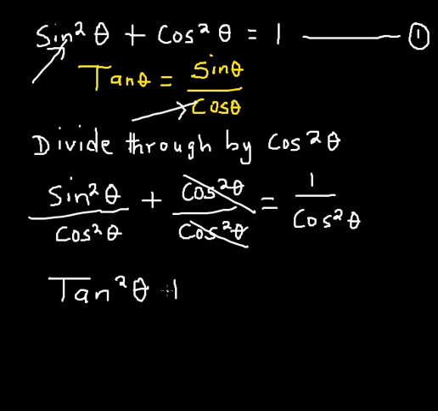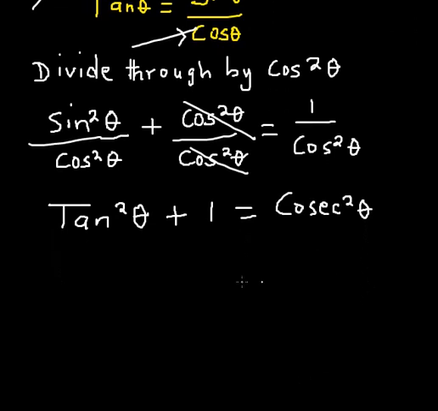All right. And of course, this is plus 1. And 1 all over, remember the inverse. Inverse of cos square theta is sec square theta. Okay, so that is the inverse. All right, so this is another identity.